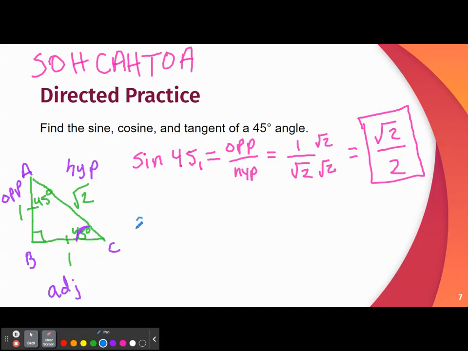All right, so now cosine of 45. Ben, what's the formula for cosine again? Adjacent over hypotenuse. All right, Ben, what's the adjacent side?